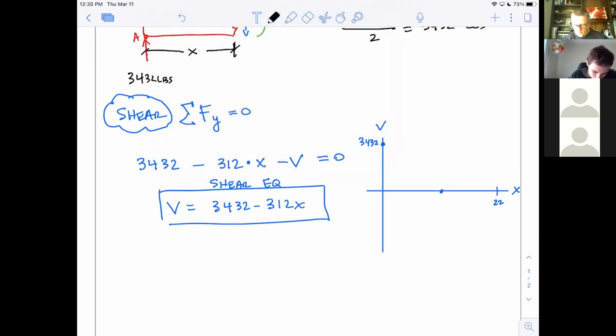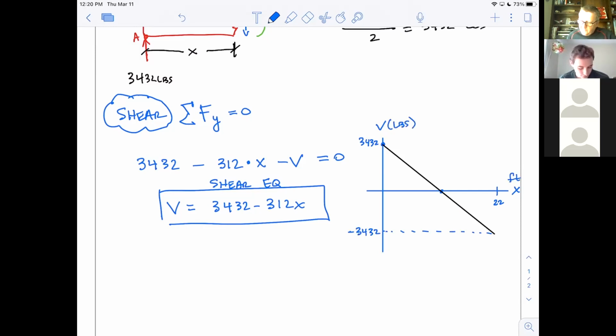Just find points that work. At X is 22, I would have a shear of negative 3432. So shear is in pounds, X is in feet.